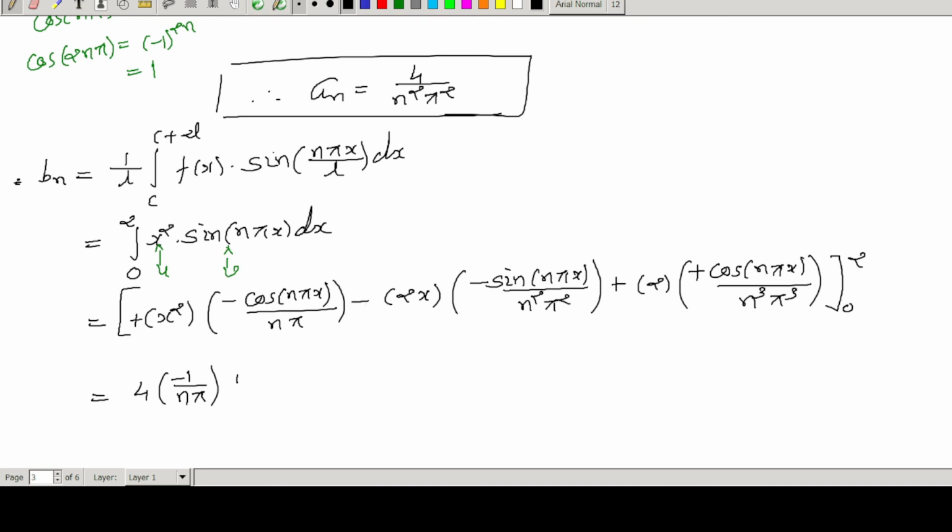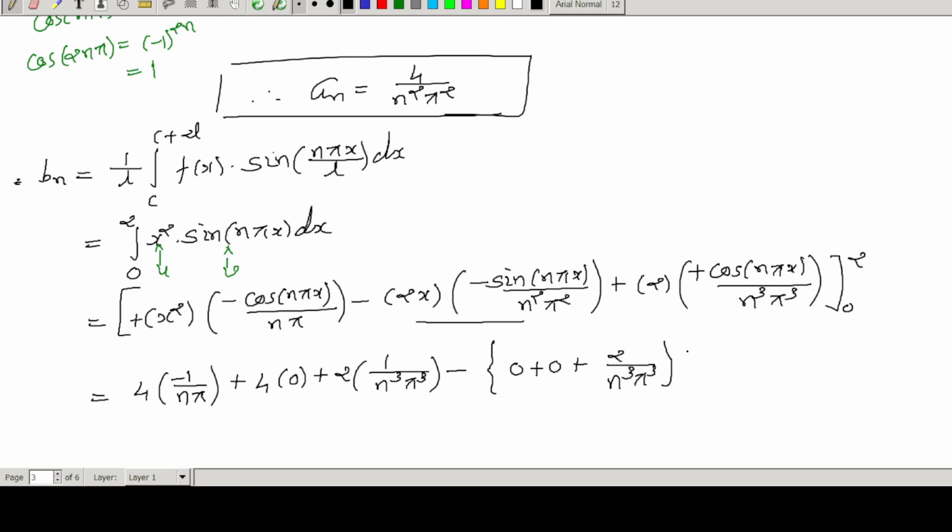This is minus minus plus. 2 into 2 is 4, but sine 0 is 0, so actually it is 0. Plus 2, cos 2n pi is 1, so 1 upon n cube pi cube. Minus sign for lower limit, x equal to 0, so this term is 0, and this term is also 0. Then cos 0 is 1, so this is 2 upon n cube pi cube.